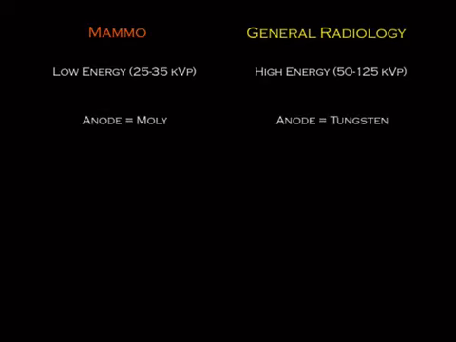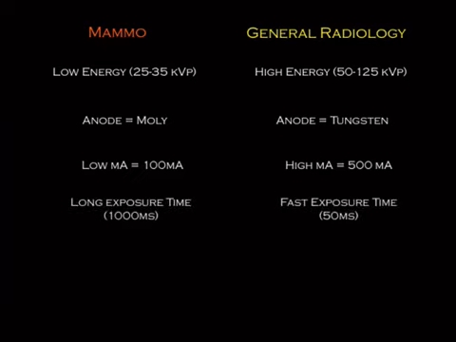The anode is moly or rhodium relative to tungsten. You've got low mA because you've got a smaller focal spot, high mA because you've got a regular focal spot, and a longer exposure time so that you're not underexposing because you had to go down on your mA. You can get away with a fast exposure time with general X-ray, and the advantage is that you're going to have less potential for motion artifact.